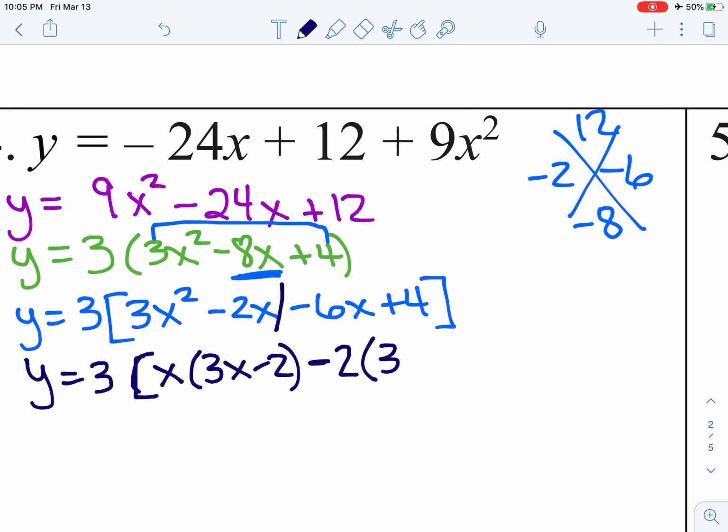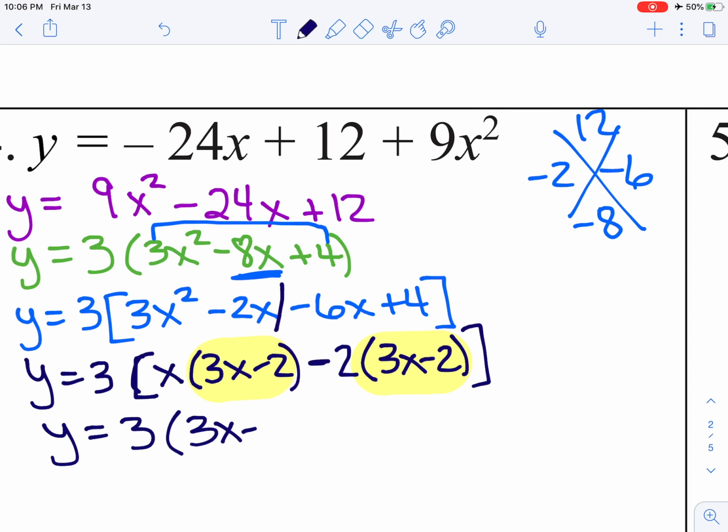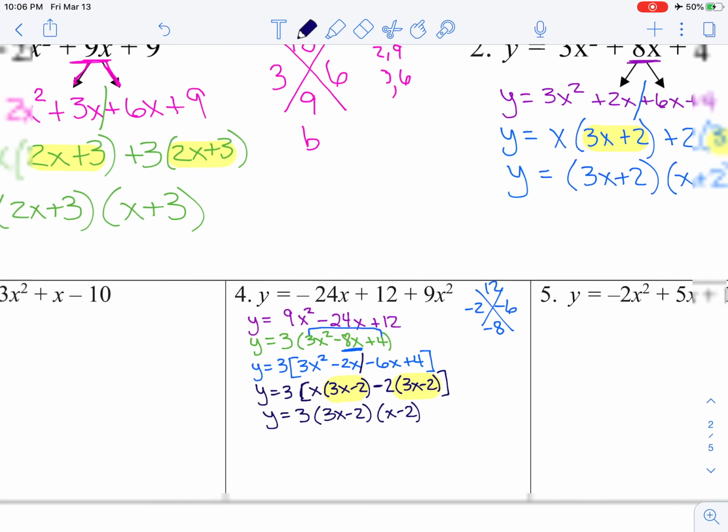They have a 2 in common. 3x minus 2. Are what's in parentheses exactly the same? They are. So I do y equals 3, then parentheses for the highlighted portion, and then the leftovers. And voila, you have your factored form.